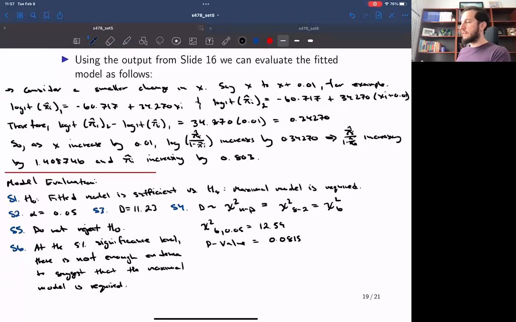While at the 5% significance level there is evidence that this model is sufficient compared to the maximal model, the fact that the deviance value is so large compared to the degrees of freedom, almost twice the size, would indicate that there could be a problem with the model fit.